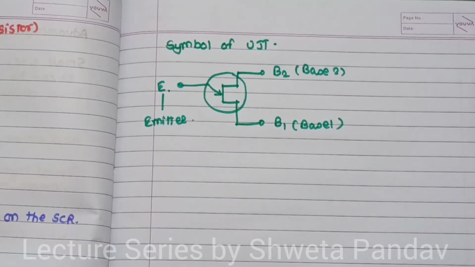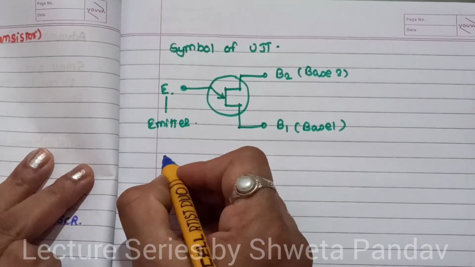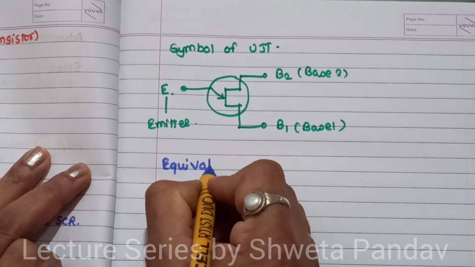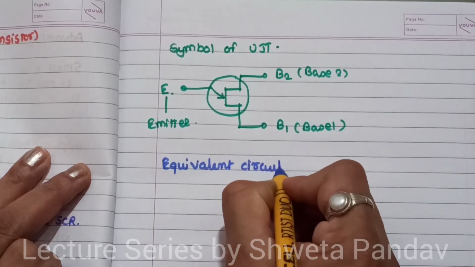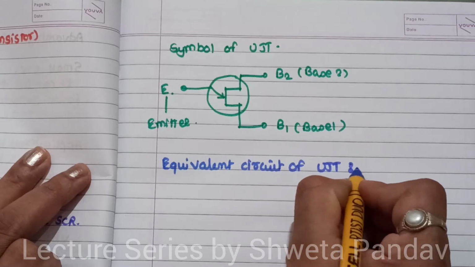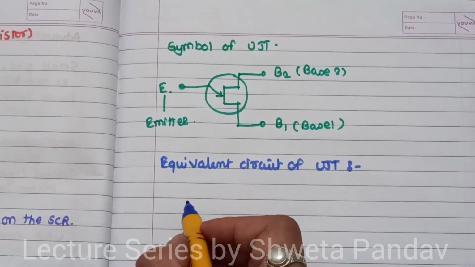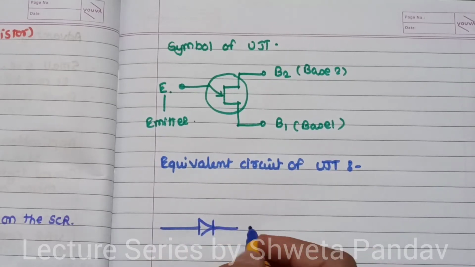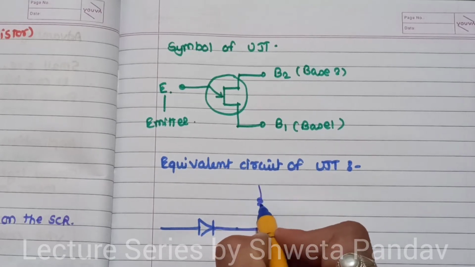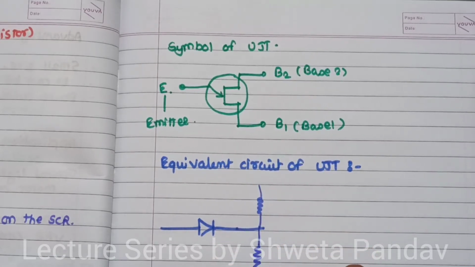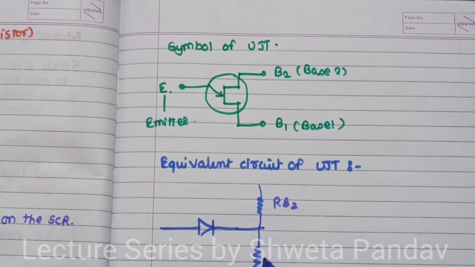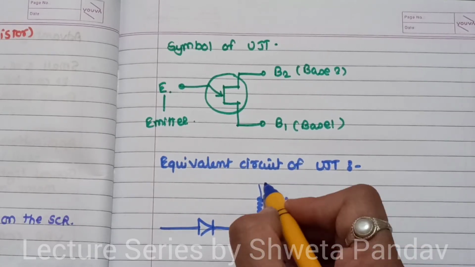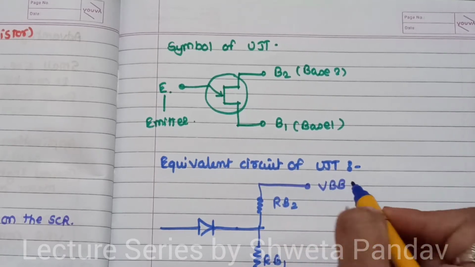Now let us see the equivalent circuit of UJT. Here, if I replace the PN junction, the aluminum rod and N-type material junction, with a diode, then the symbol of the diode is there, and the base 2 and base 1 terminals are replaced with two resistors, RB2 and RB1, and then RB2 is connected to the VBB battery supply.